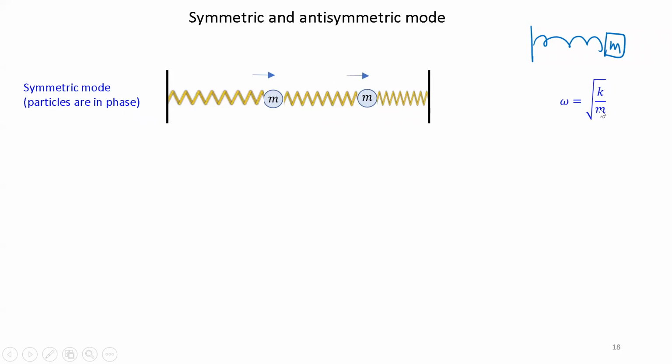The way to understand it is that when it's doing the symmetric mode, the two particles are moving in the exact same manner. So if you look at what happens to the springs, when it's moving to the right, this one is stretched, this one is compressed, but the middle one is neither stretched nor compressed.